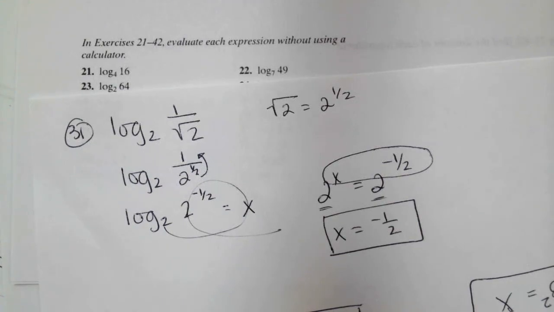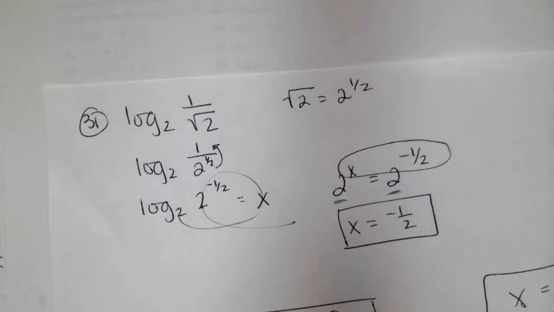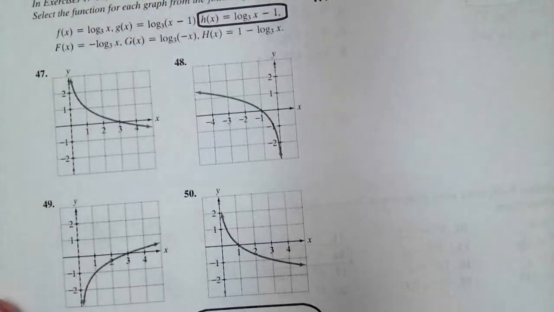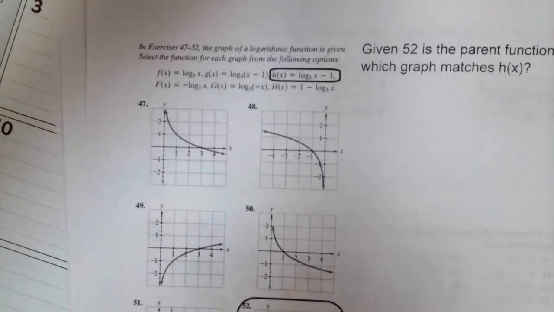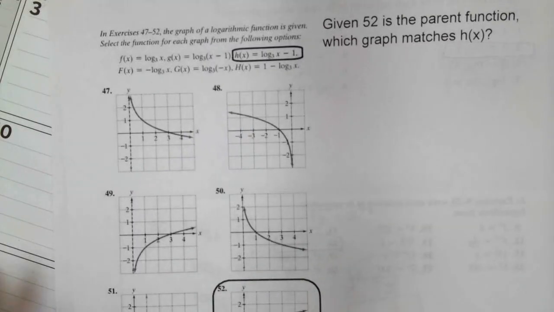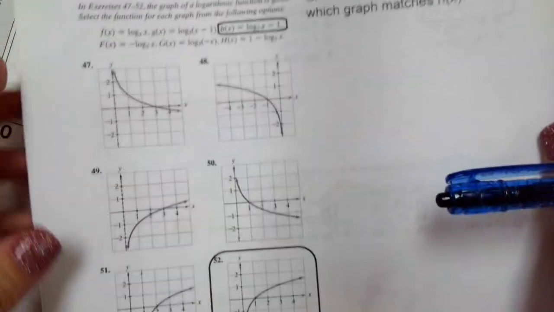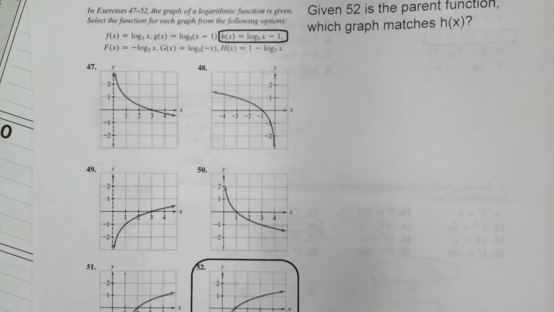Okay, now we're looking at 47 to 52 from 3-2. And on the test, it is going to be a graph with the parent function given, and you have to then match the graph with an equation.